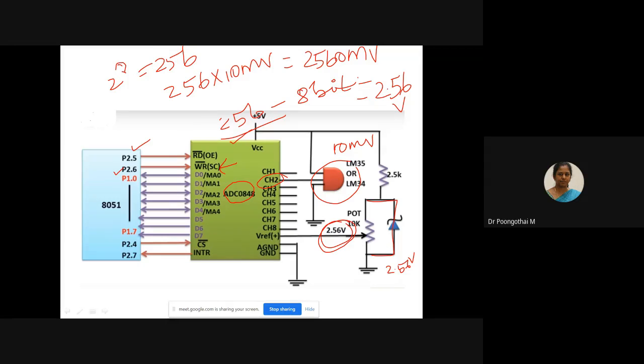So this is the start of conversion signal and 8 data lines. Chip select can be generated by using P2.4, and INTR is nothing but your end of conversion. So the operations are very similar to your ADC 0808. The only difference is that instead of end of conversion, they have used INTR.